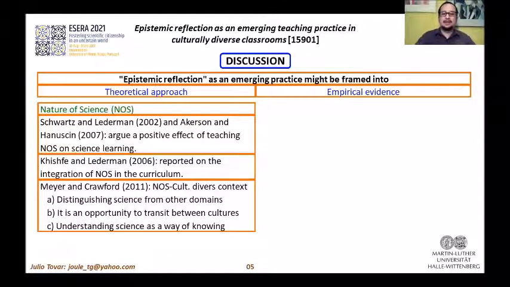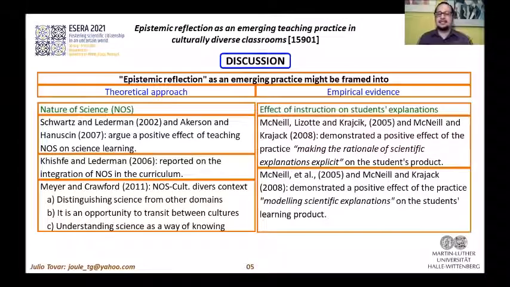And the epistemic reflection is supported by studies about the effect of instruction on students' explanations. McNeill and collaborators have demonstrated a positive effect of the practice of making the rationale of scientific explanations explicit on the students' product. During my study, the teachers made explicit the structure of the scientific and traditional explanations and how to develop every part of them.